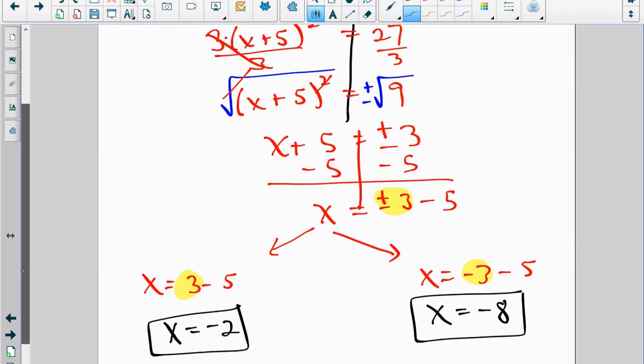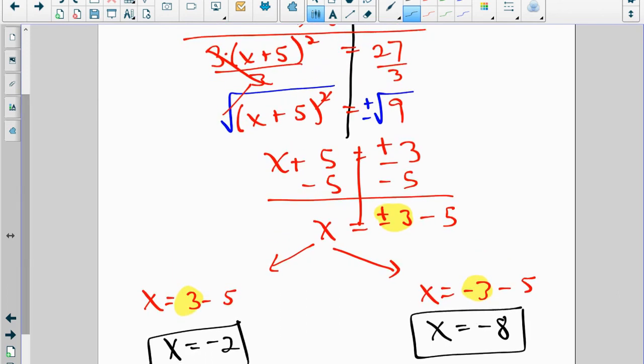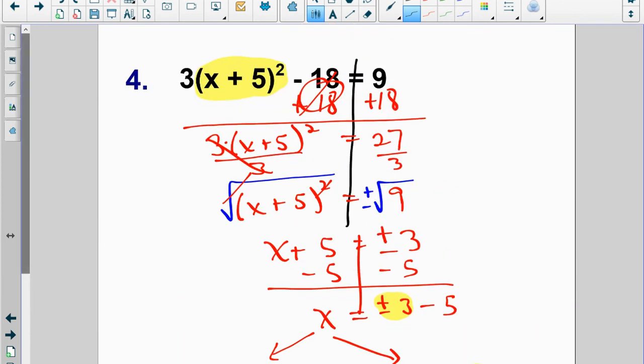And if we were to actually go back and plug that into the original equation, we'd be able to check that those are our solutions. And it does work out. Those are the actual solutions. So solving quadratic equations, we're going to get 2 answers. Try to get that exponent by itself. Try to get whatever's being squared by itself using your inverse operations first.